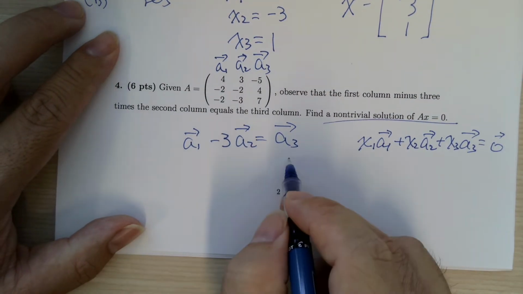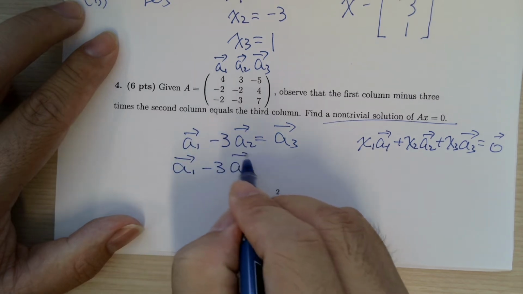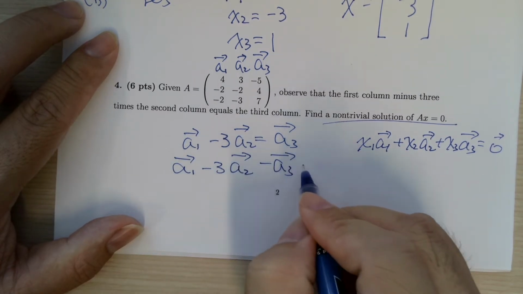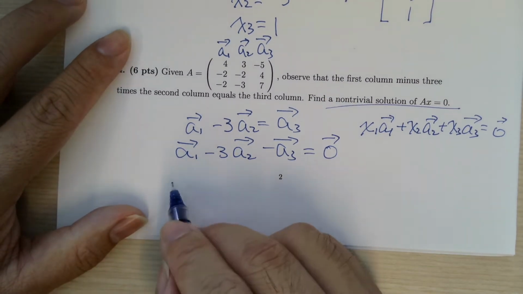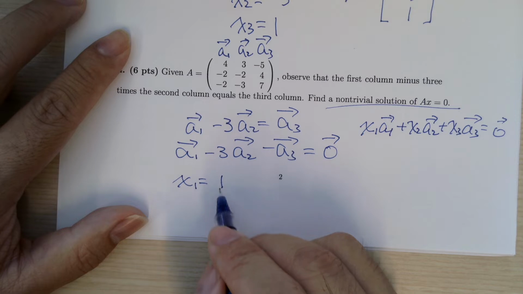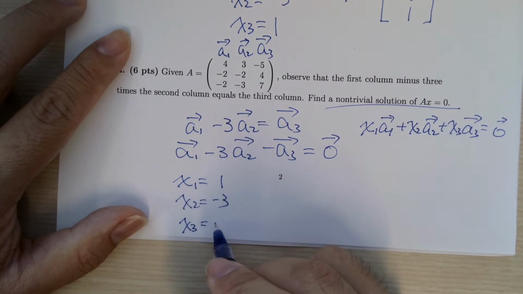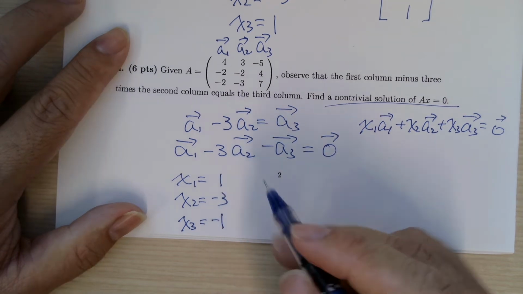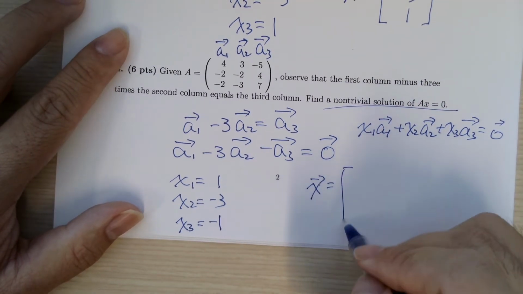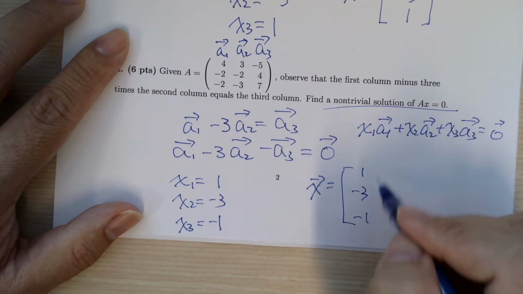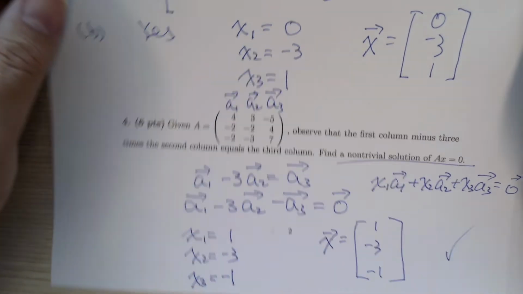But look at what we have: a1 minus 3a2 minus a3 equals the 0 vector. So don't you agree that you can let x1 equals 1, x2 equals -3, x3 equals -1? So a non-trivial solution is 1, -3, -1. This one is also super simple.